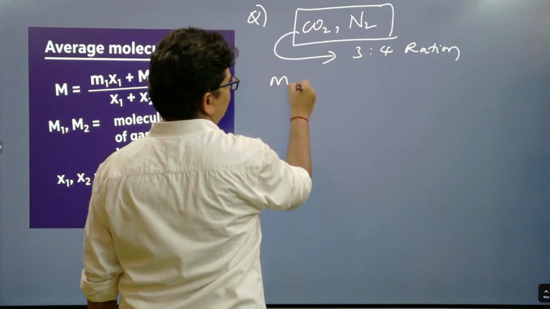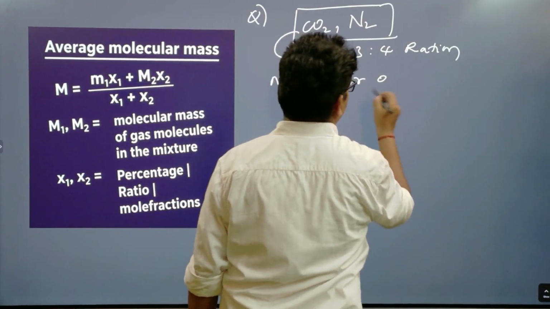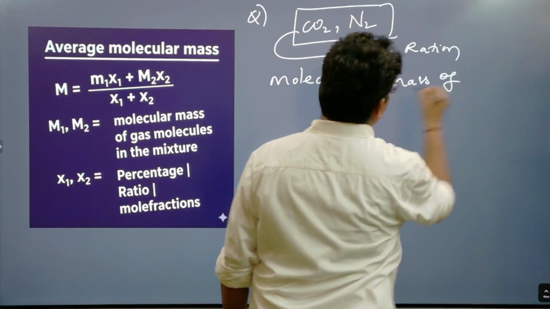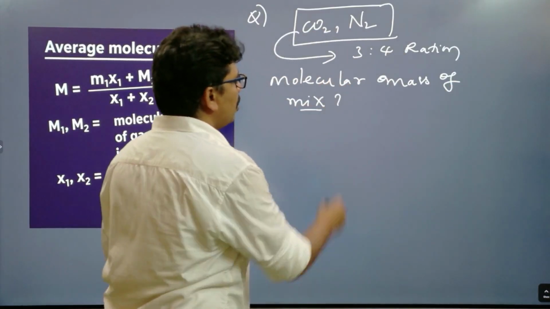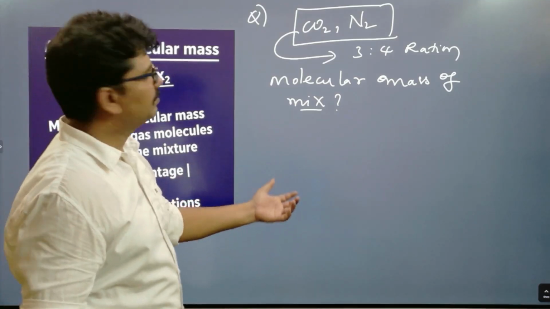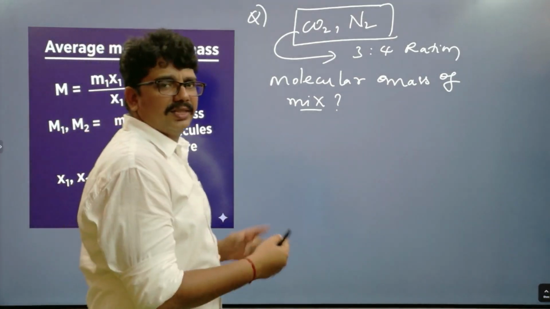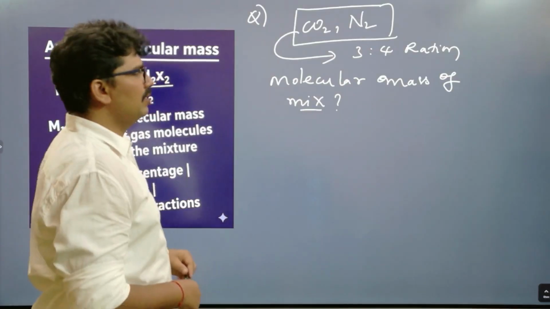Find the molecular mass of the mixture. Molecular mass of mixture means average molecular mass. They will ask like this. So we have two gases in a container, carbon dioxide and nitrogen, they are in 3:4 ratio. We have to find molecular masses.